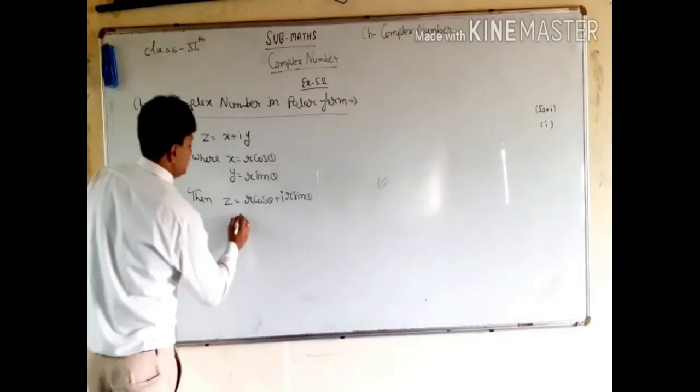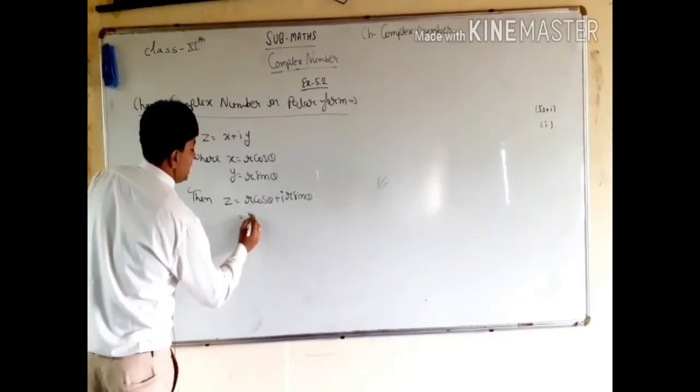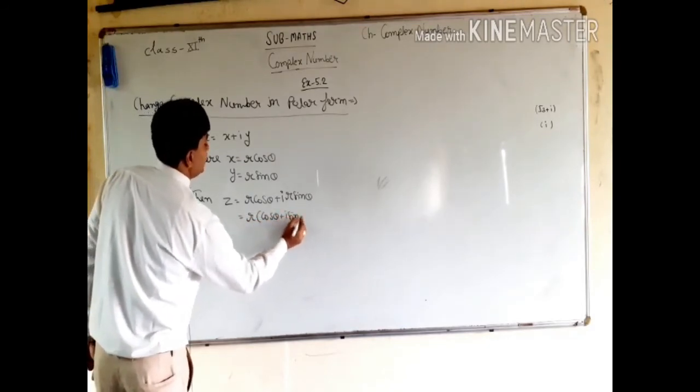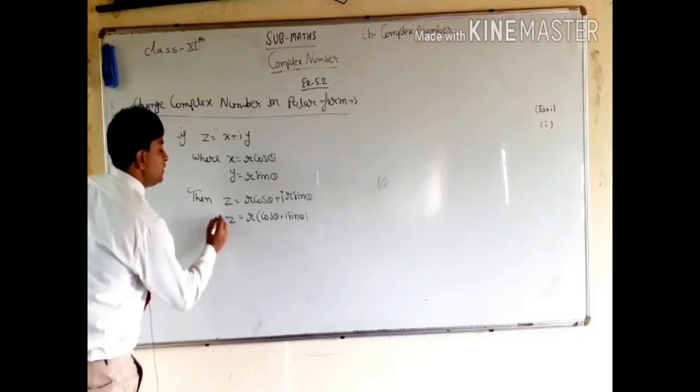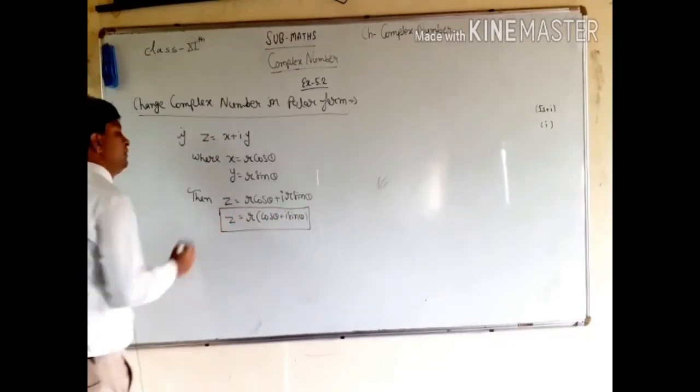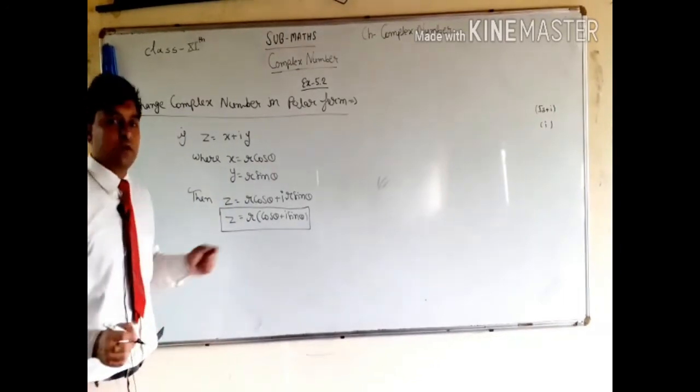The next equation is r bracket cos theta plus iota sin theta, which is a very important form of complex number. The form is called polar form.